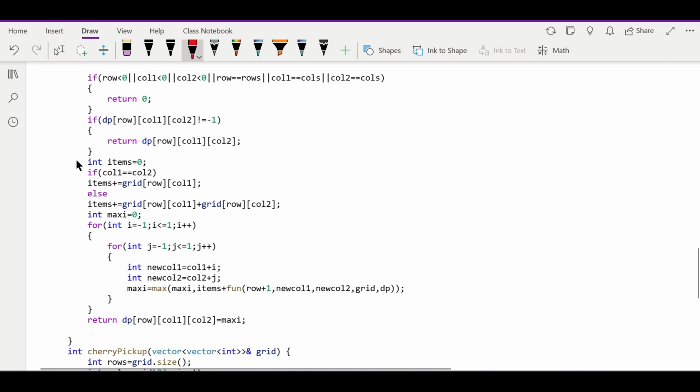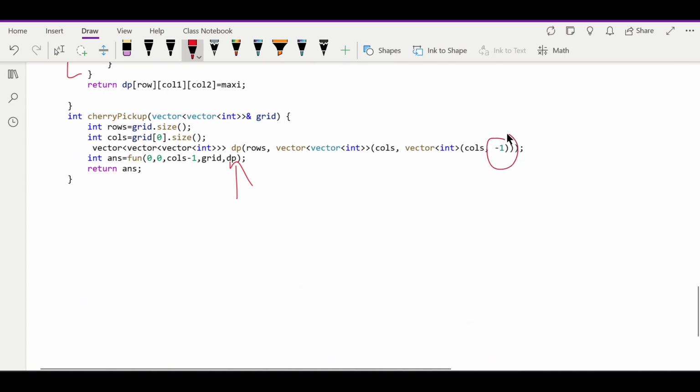Before making any of the function calls, I'll just say, hey DP, have you already calculated the value for these three variables? If you have calculated the value, then you must not be having -1 at your place, because I have initialized you with -1.